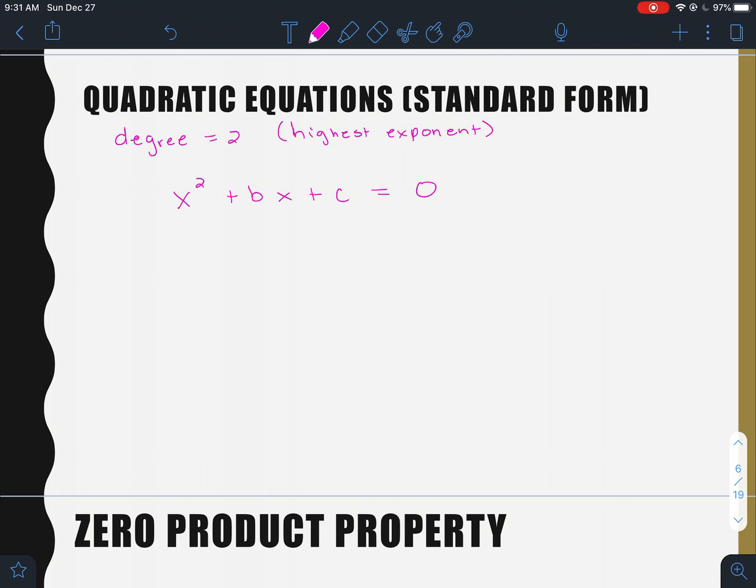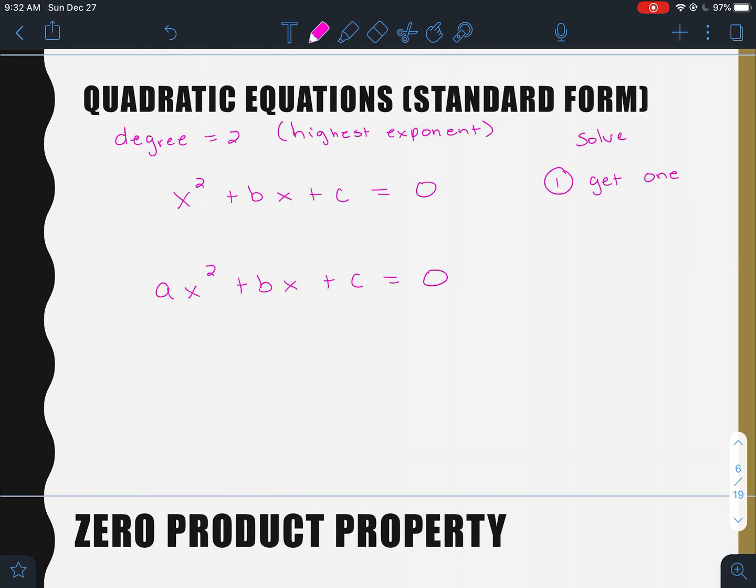So in standard form, you can have x squared plus bx plus c, and then it has to be an equation, so it's going to equal 0. So what we're going to want to have happen to solve these is we're going to want one side to be equal to 0. Or you could have ax squared plus bx plus c is equal to 0. And those are quadratic equations in standard form.